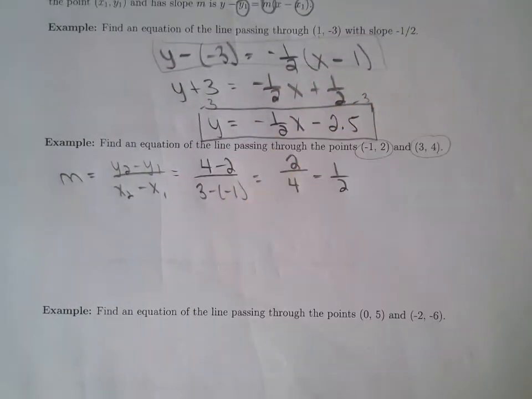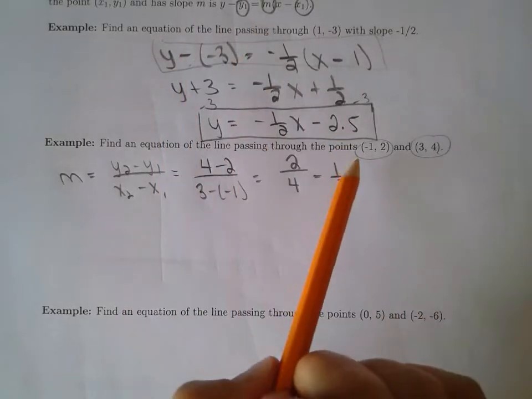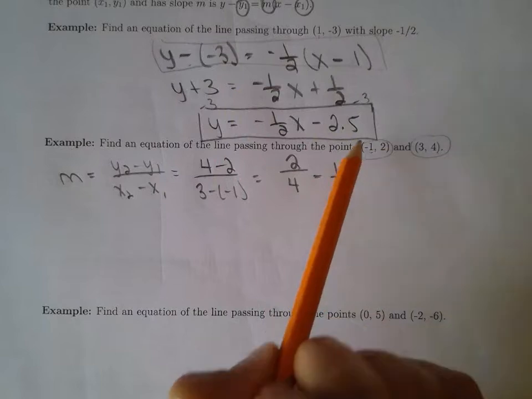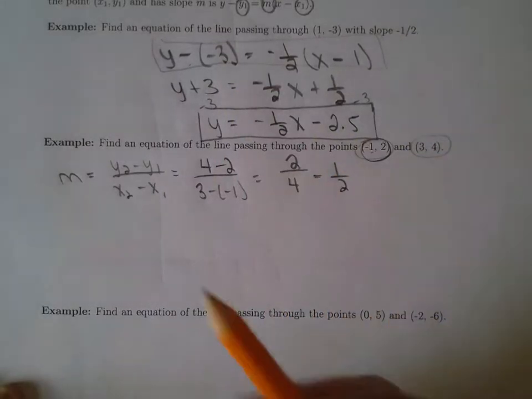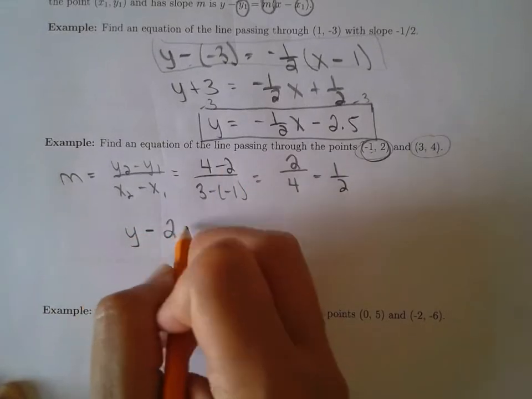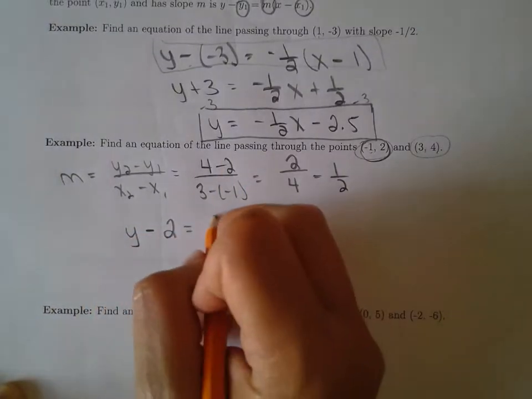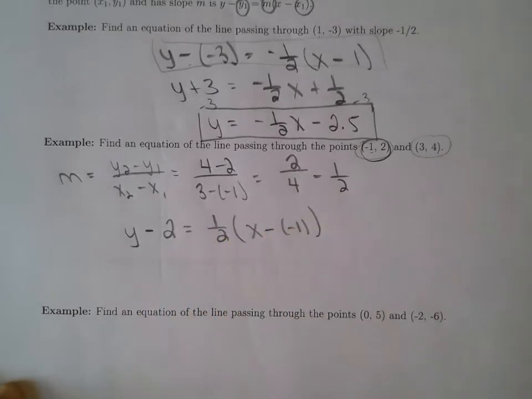Now we can use our point-slope form because we have a point and we have the slope. I'm just going to use this point. You could use the other point, it'll still give you the same line. So you have y minus the y value, which is 2, equals the slope, 1/2, times x minus the x value, which is negative 1.